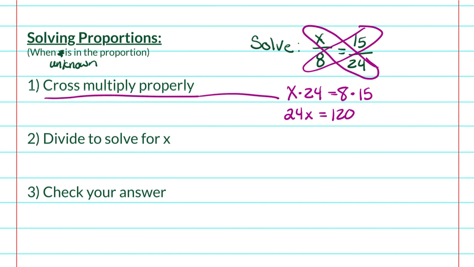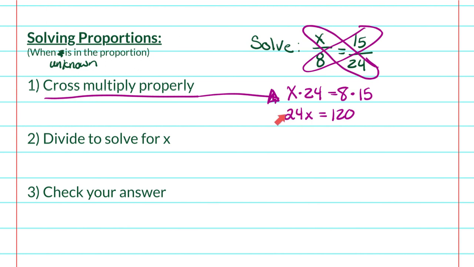Step 2, let me grab a different color here. Step 2 is going to be to divide to solve for x. If you notice, I have a coefficient and a variable here, and I just have numbers over here.